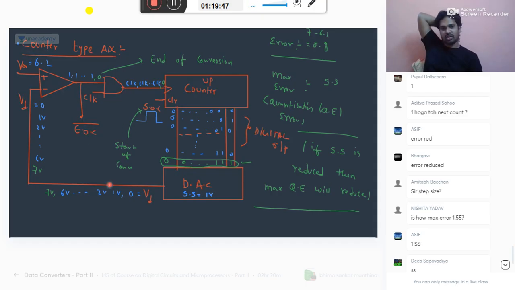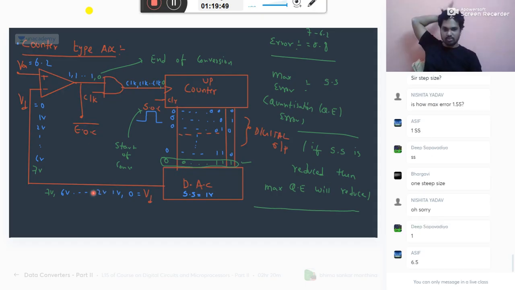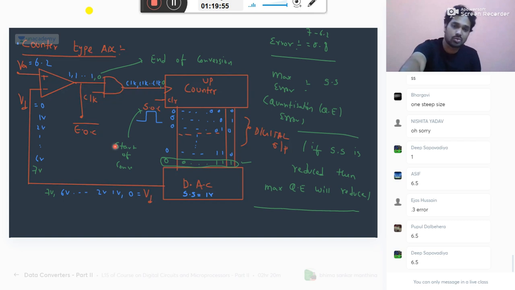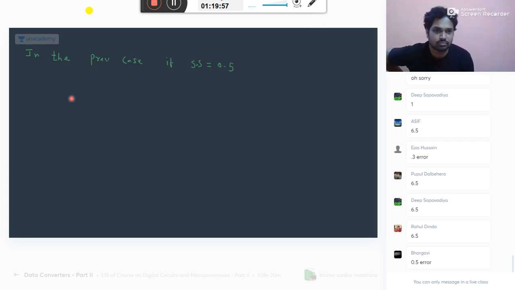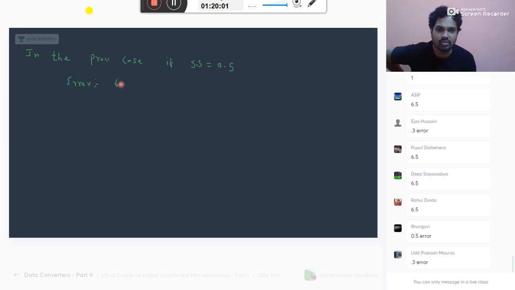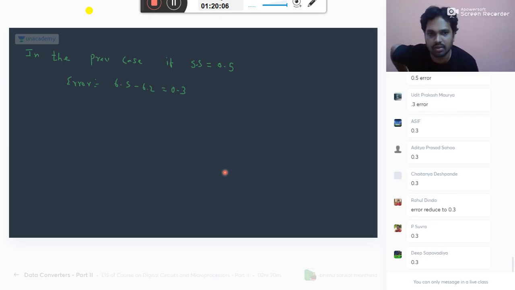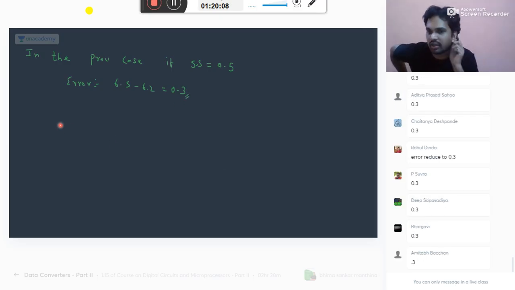You will get 0, 0.5, 1, 1.5, 2, 2.5, 3, 3.5, 4, 4.5, 5, 5.5, 6, 6.5, and it will stop. So in that case, what is the error? 6.5 minus 6.2, so 0.3. So error reduced or not?